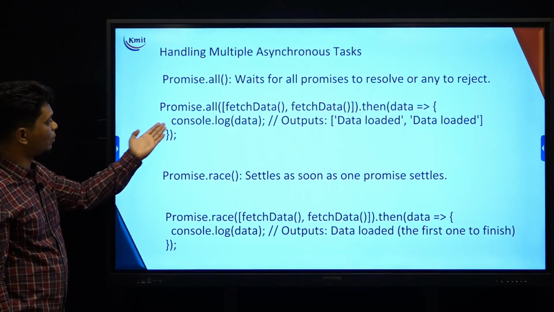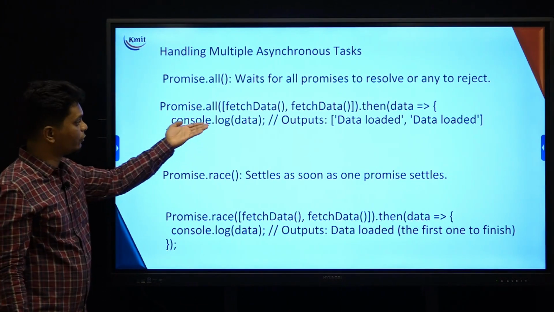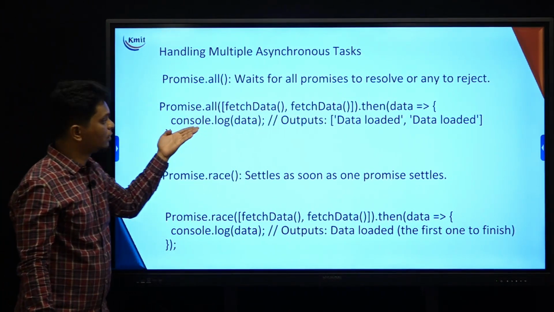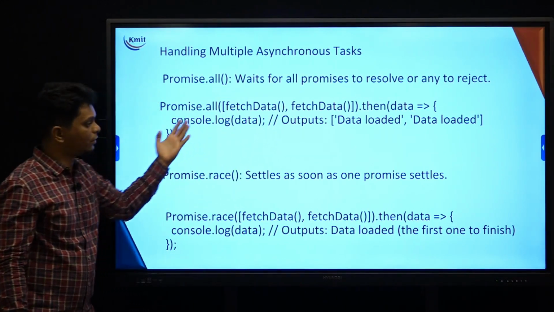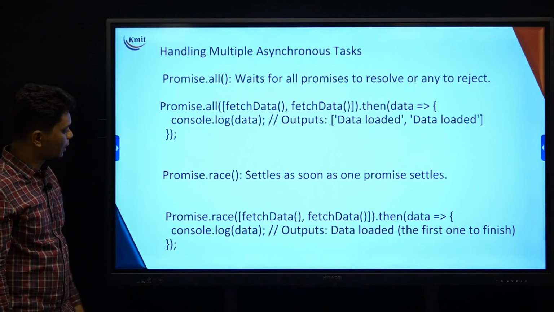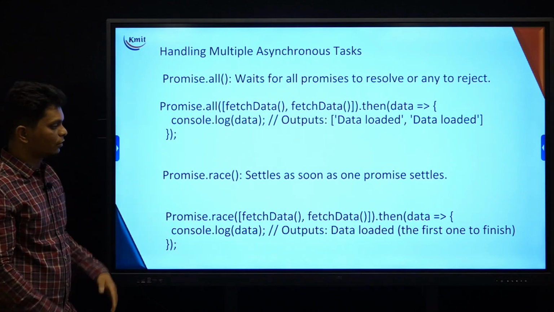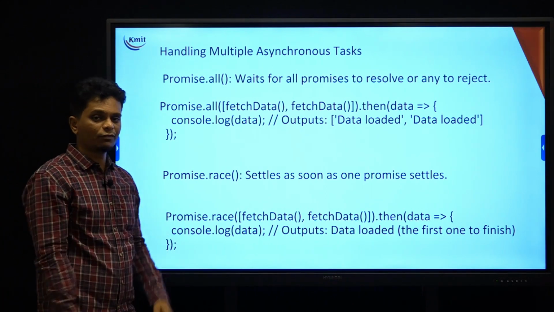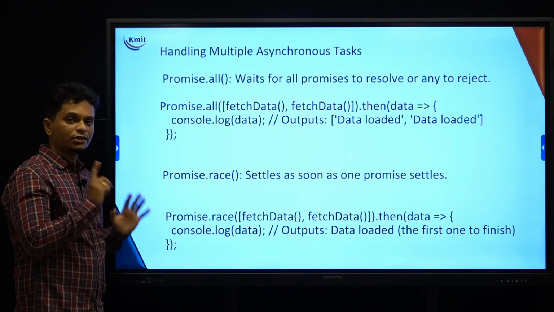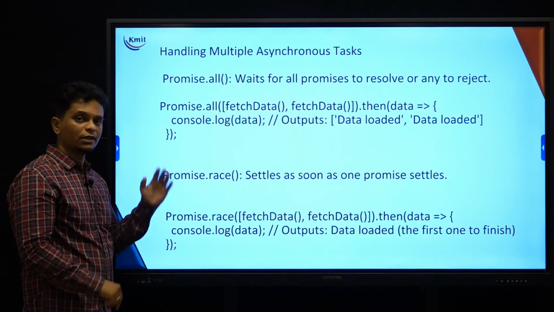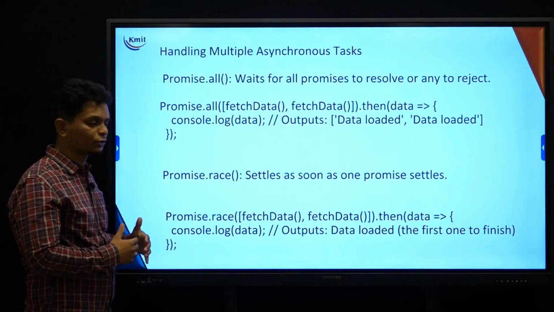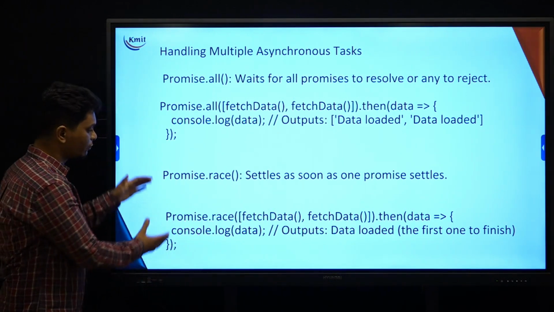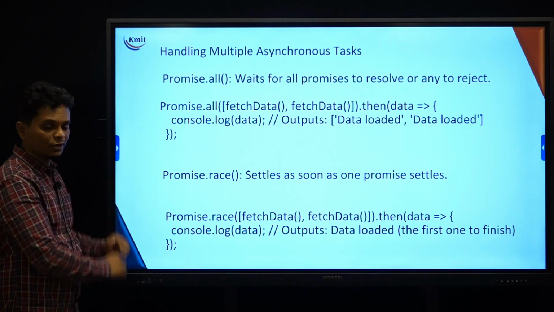In its syntax, we have different operations lined up and it will wait for all of these to get resolved. Then we have Promise.race, a very interesting function. If one gets resolved first, it will assume all the operations to be resolved, or if it gets rejected, it will assume the rest to be rejected. So we have to be very careful while using Promise.race.